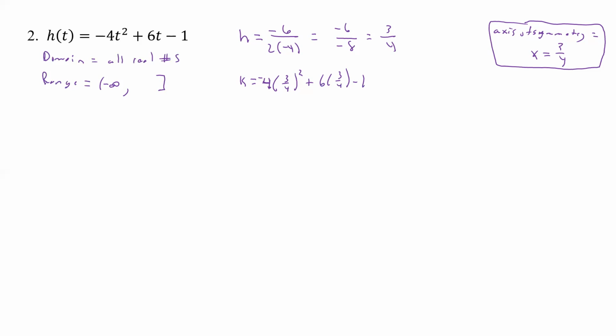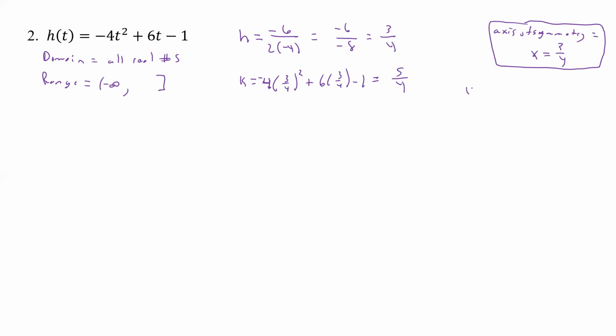Negative 4 times 3 divided by 4 squared plus 6 times 3 divided by 4, and then we have minus 1. And so we get 1 1/4, which is going to be 5/4. And so that's our k.